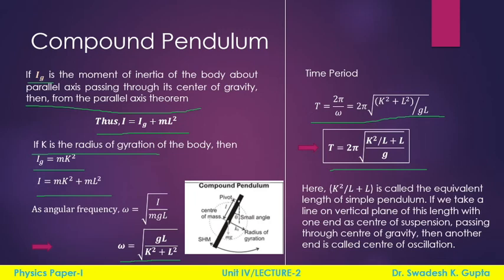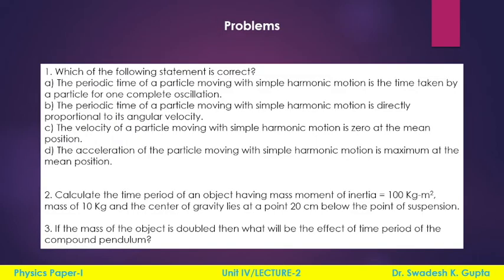So if we take a line on the vertical plane of this length with one end as the center of suspension passing through the center of gravity, then the other end is called the center of oscillation. So these are the problems for this lecture which you should try to solve.